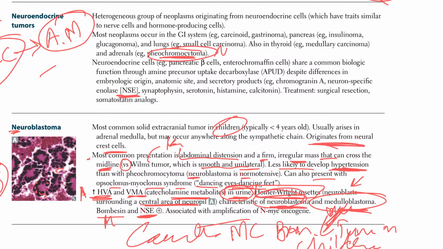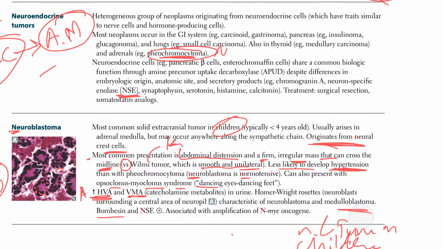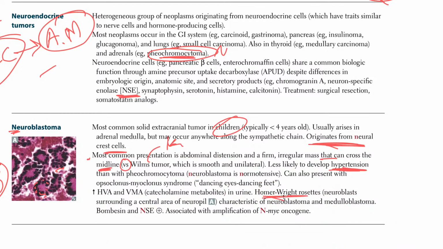Both of them have Homer-Wright rosettes, high yield. And neuroblastoma is bombesin positive and NSE positive, associated with the N-MYC oncogene. N-MYC oncogene gives us a poor prognosis.